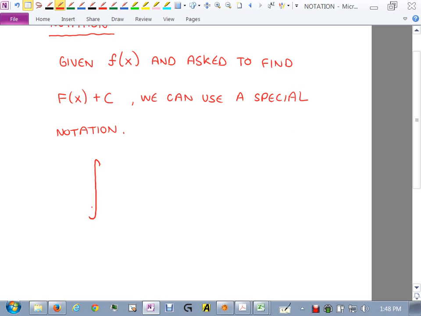This is like a stretched out S, okay? I'll tell you what it's called in a second. You put little f of x here, and then next to it, times, you put this thing, d, little dx. This is equal to capital F of x plus c.